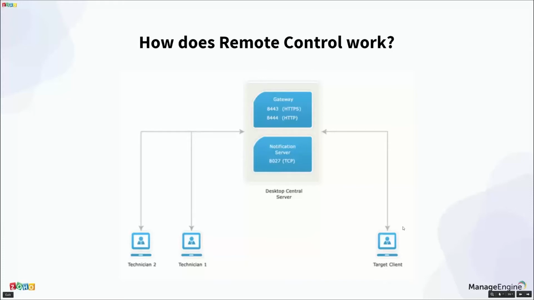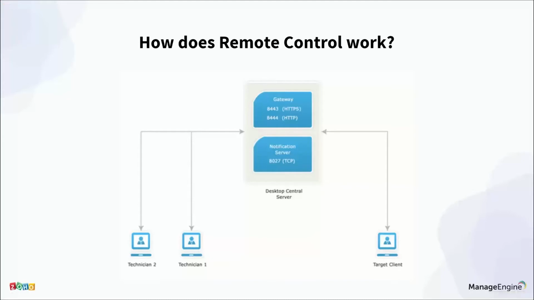And when Peter, my colleague, wanted to join the same session, let him be technician 2. He can access the same remote control session because the same images are being broadcasted to both John as well as Peter.